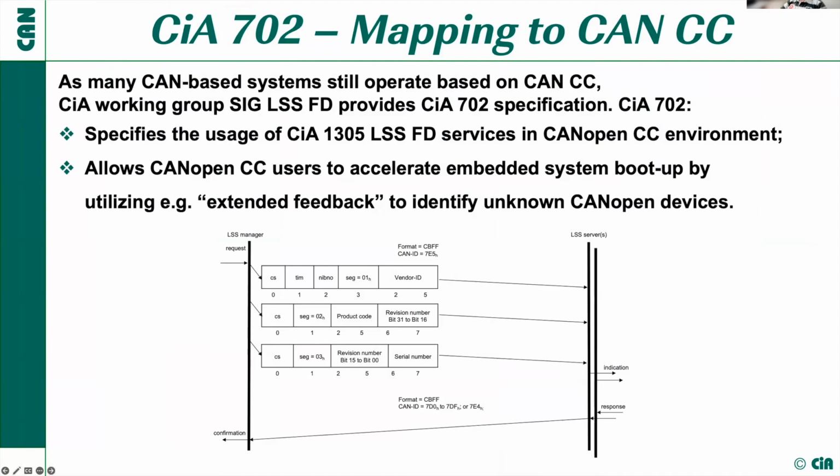So this document says, how does all this new functionality work without the usage of CAN-FD frames? So therefore, it's also available in a CAN classic environment. So for new design systems based on CAN classic, this can be also a very attractive candidate. Go to 702 and see how you use these services in this environment. And therefore, I said to you, I like you to remember the seg field. So here I use it now for indicating which segment of this now segmented service do I transfer.